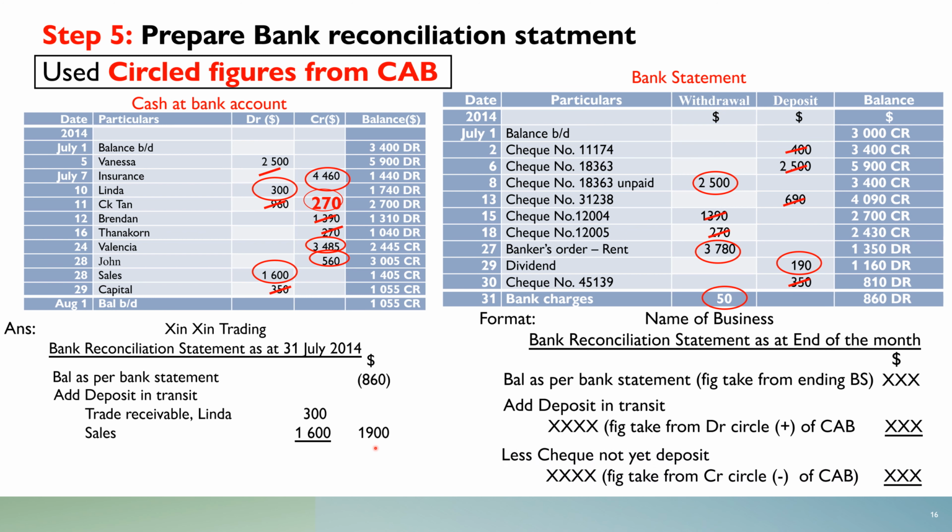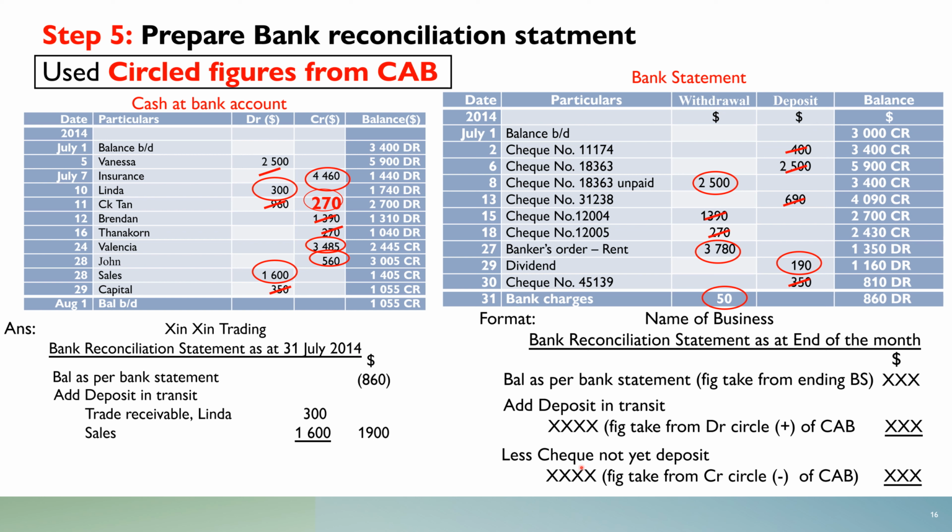Okay, then next, let's check not yet deposit. This is taken from the circled figures on the credit side of the cash at bank account. In this case, there are three circled figures here. Why less? Because the credit side of the cash at bank represents a minus.